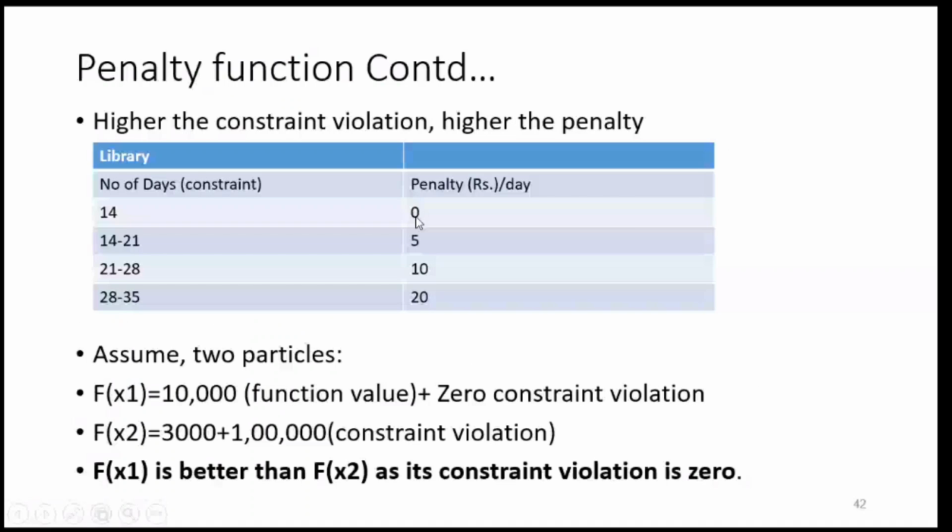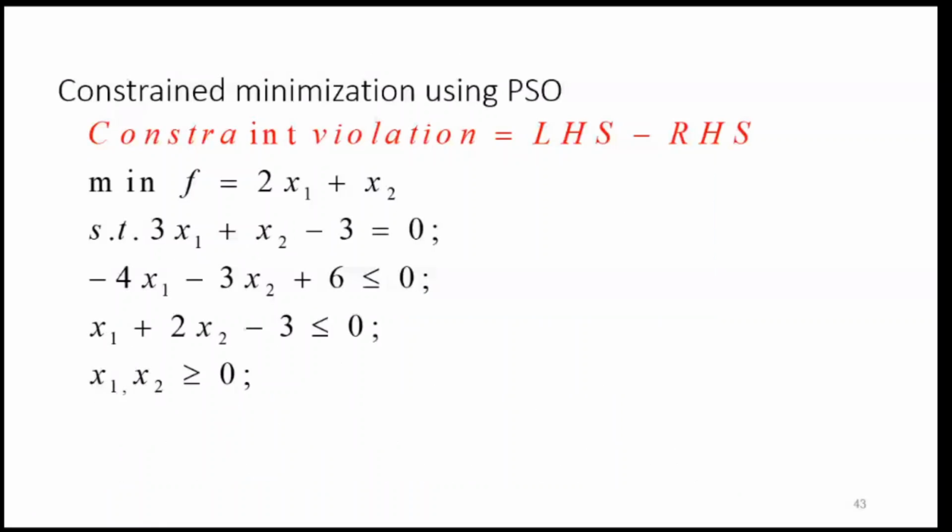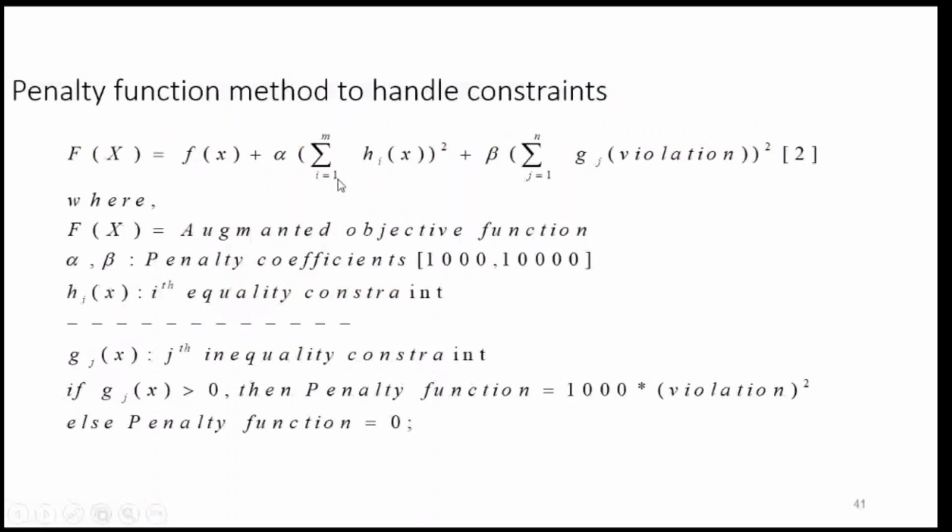Because we want to impose a very, very severe penalty for even a small violation in the constraint. Remember, the constraint should not be violated in any case. That's why we are putting the square, right? And we are also multiplying this violation of the constraint with a very, very high positive coefficient. It is known as the penalty coefficient. Generally, it is taken as 10,000, right?